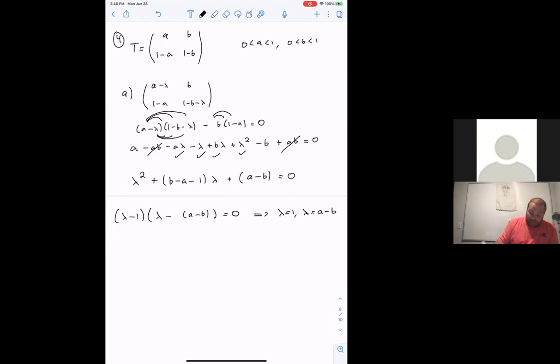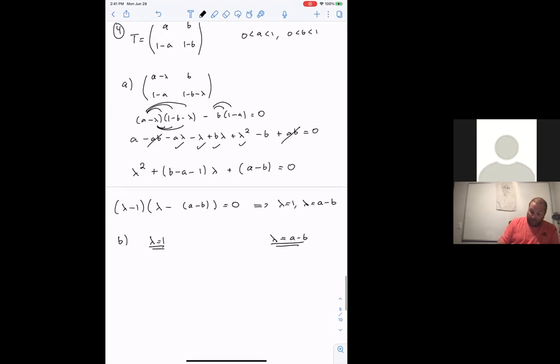And then part B says, determine the eigenvectors for each one. So first let's do lambda equals 1, and then we'll do lambda equals A minus B. So for lambda equals 1, we plug in on top A minus lambda, that's A minus 1, B, 1 minus A, 1 minus B minus 1, that's negative B. Acting on x, y gives me 0, 0.